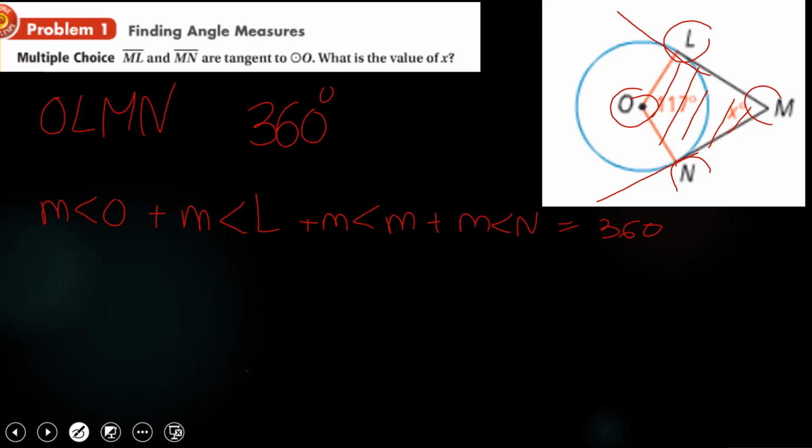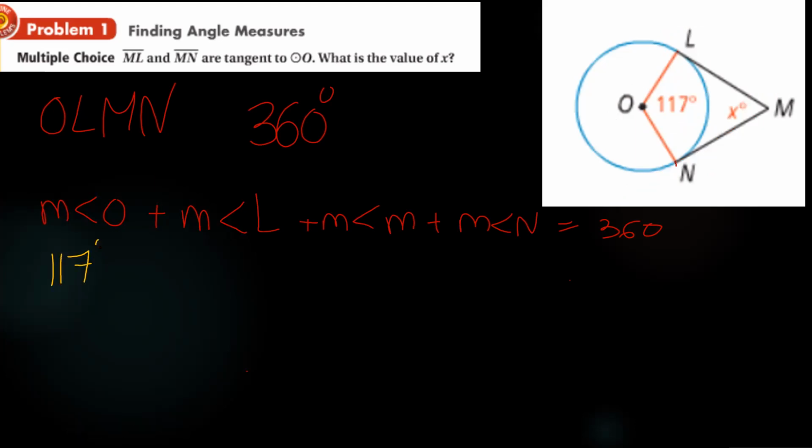I wrote this since I need to find an angle, so I think about the sum of the angles. This is the first step. Now, let's come back here. What is the measure of angle O? 117. Now, look at angle L.